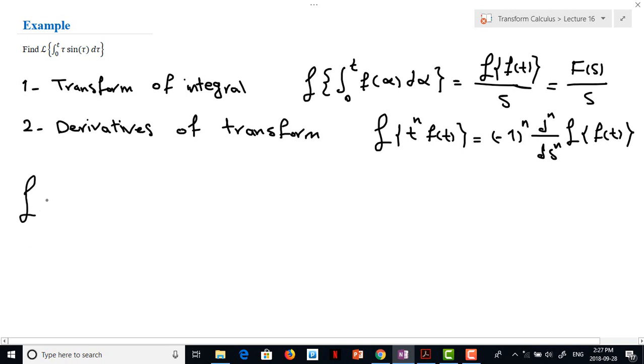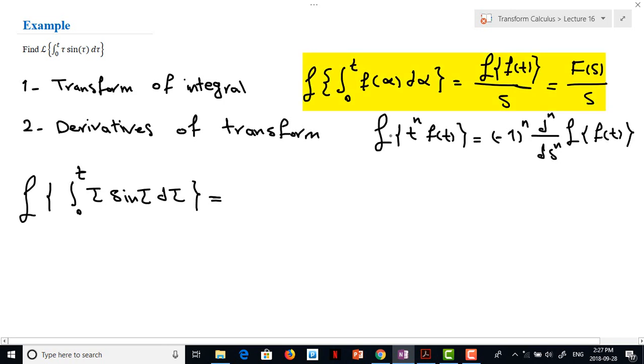We want to find the Laplace transform of the integral from 0 to t of tau sine tau d tau. Based on transform of an integral, the Laplace transform of the integral is equal to the Laplace transform of f(t) divided by s.